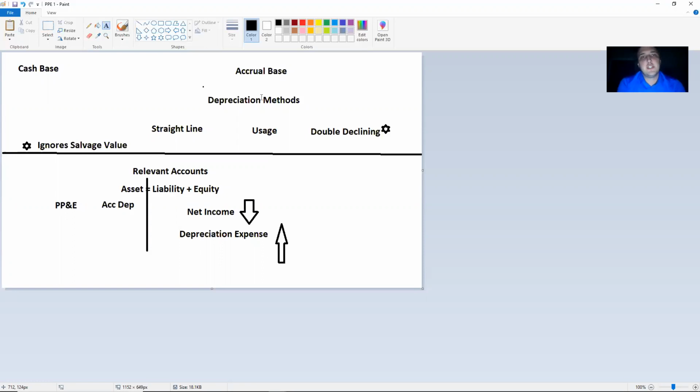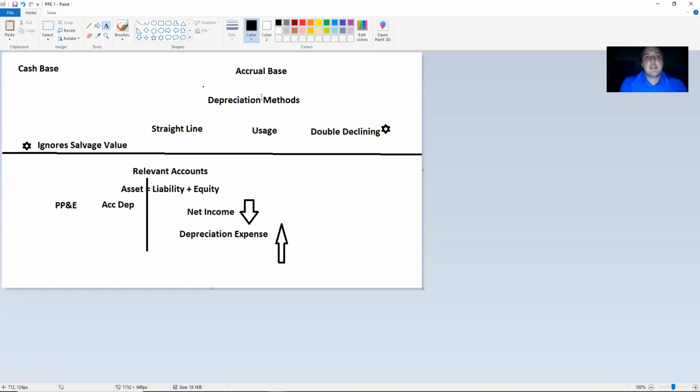With depreciation, the goal of the depreciation is to match the use of the asset to the time that asset generated revenue. So the biggest asset that we're going to be talking about is a building. So for a company that goes and purchases a new building to house their operations, they're going to be using that building for quite a few years.